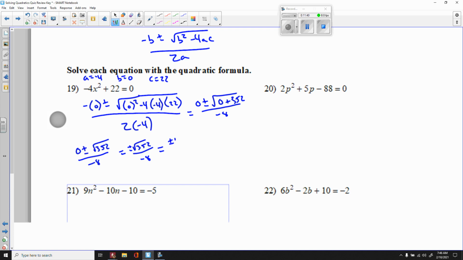So I have a positive or negative 4 times the square root of 22. There are no perfect square factors of 22, all over negative 8. And one thing I do want you guys to notice, I can reduce 4/8. That reduces to 1/2. So the square root of 22 over 2, so negative 2, should be our final answer. All right? Good luck.